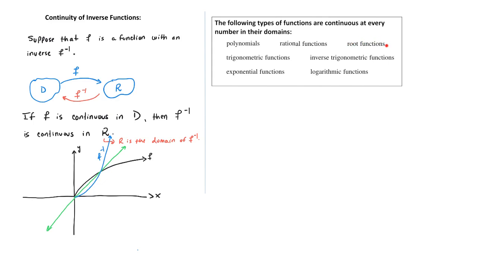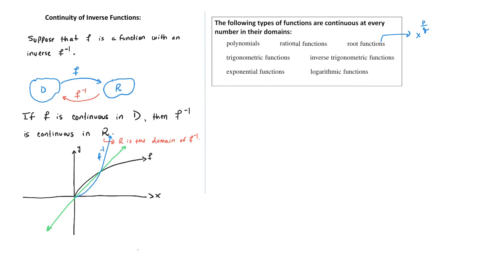Root functions, or what I was calling before rational power functions. These are functions that involve square roots, cube roots, or functions x to the p over q. All of these functions are continuous in their domains.